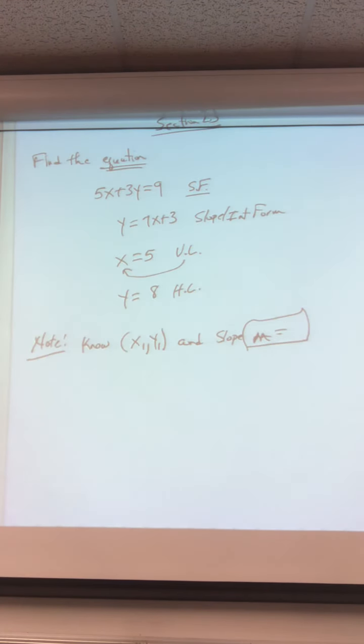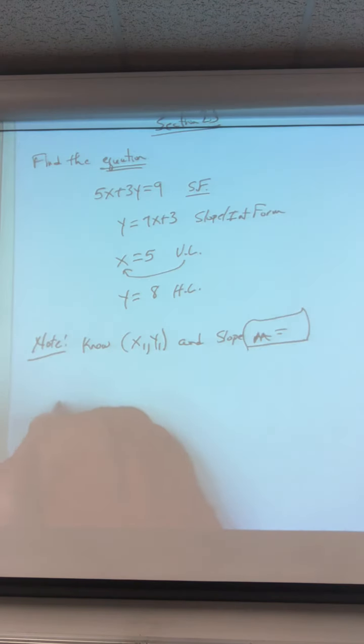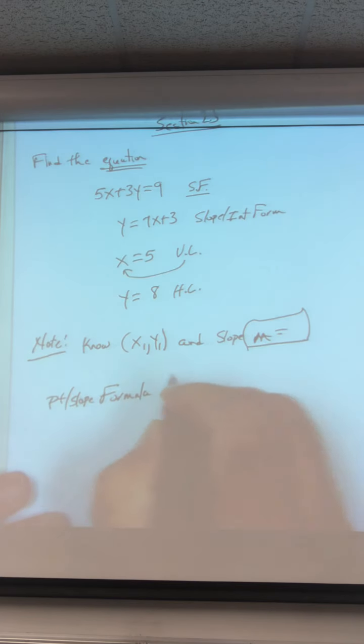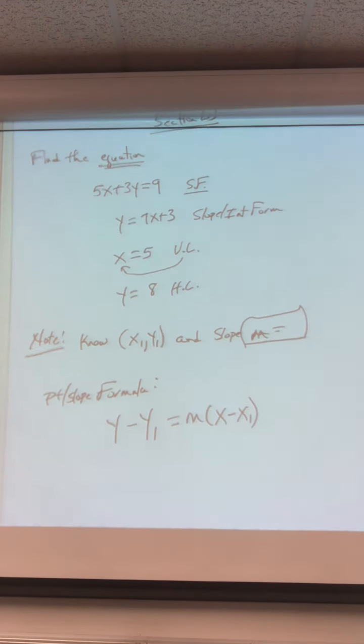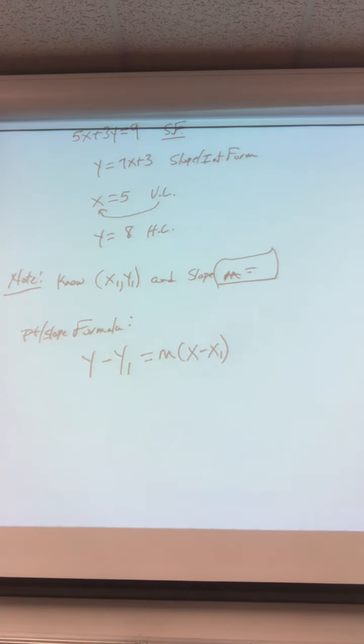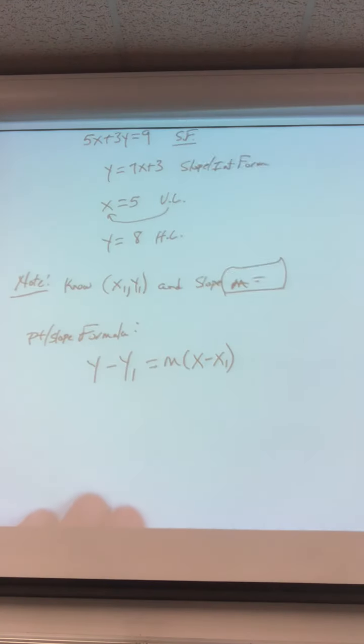To get the equation of the line, we will use the point slope formula, which is... and here's the point slope formula. Okay.